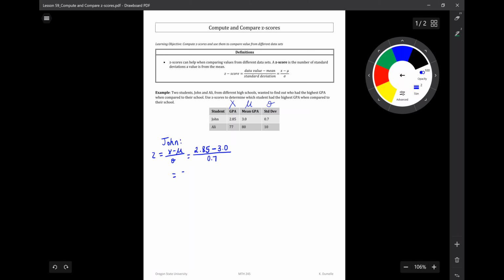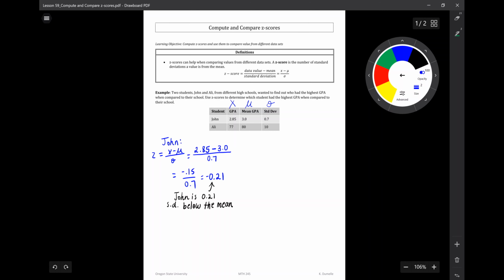This is equal to negative 0.15 divided by 0.7, and this is equal to negative 0.21. This means that John is 0.21 standard deviations below the mean. So that's how his GPA compares to his school.